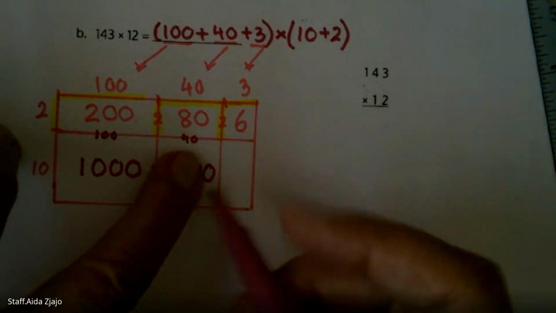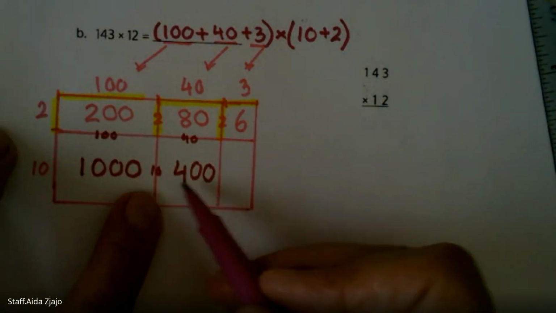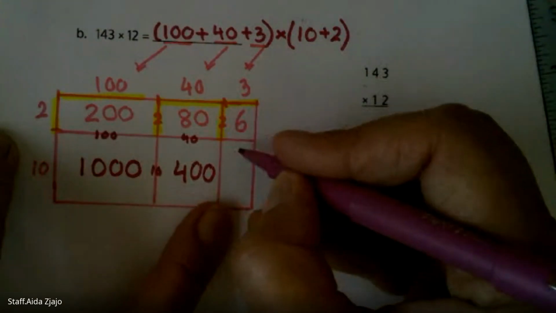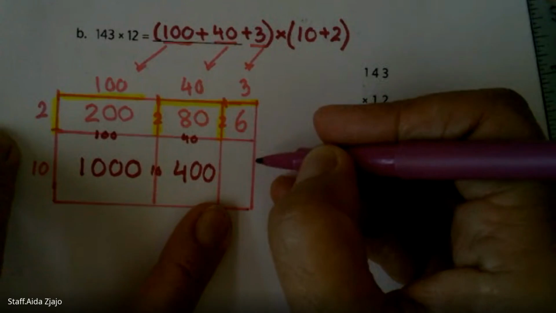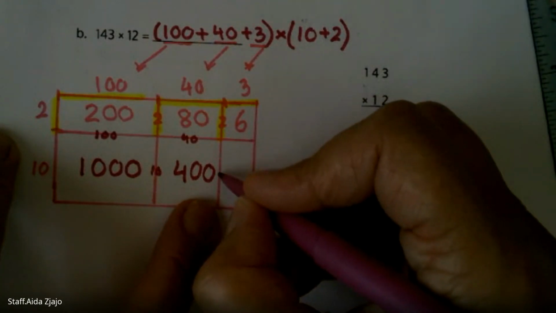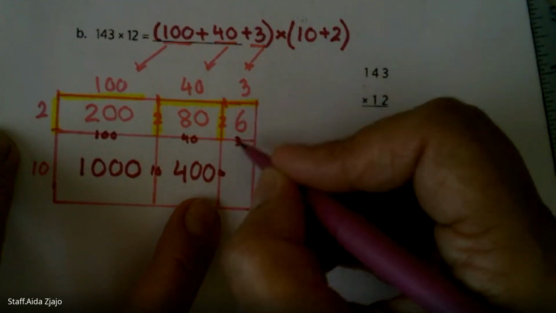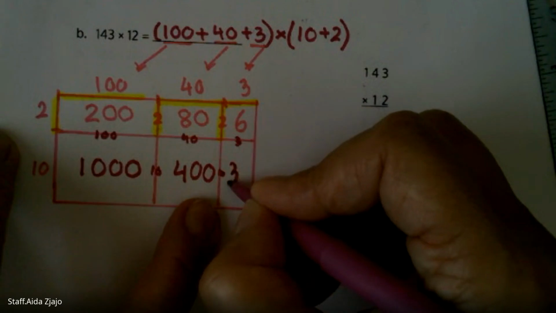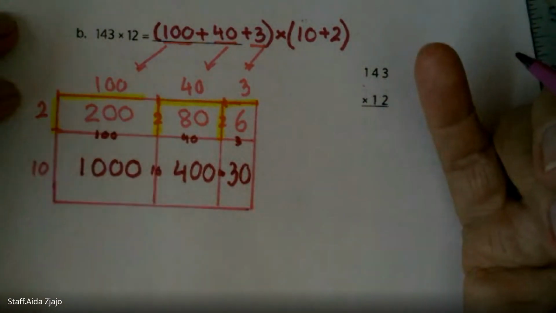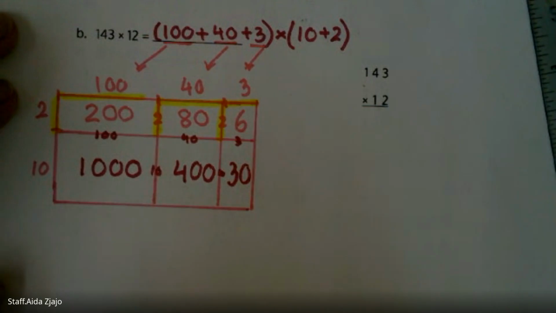And then this one is 10 times 3. This is 3, so 10 times 3 is 30. And I have all the areas to apply.